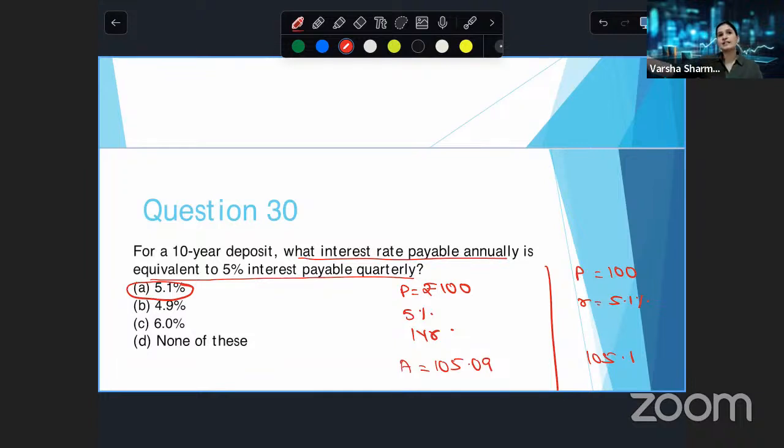If I settle for less, he won't agree. So I want the exact same interest. Whether I pay him 5% quarterly or 5.1% annually, the person is going to get the same interest, so we both can agree on that. The only thing that changes is the trouble of paying again and again. So this concept is known as effective rate of interest.